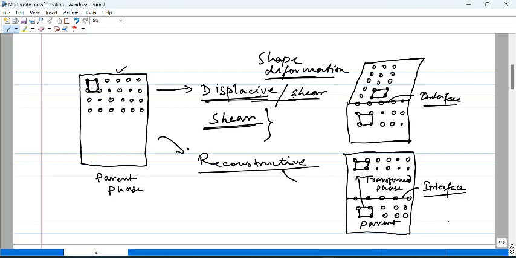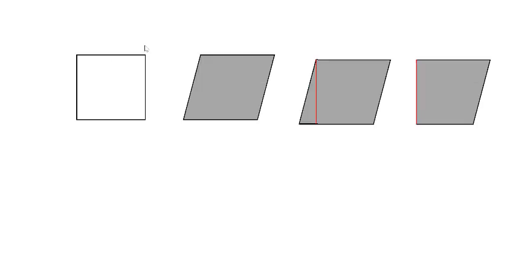So then for that I would like to go to this particular diagram over here. Let's say this is my austenite parent phase, this one having a particular structure, and also it's having a particular shape in the beginning. Now if I let it transform by a displacive mechanism, it would lead to a shape deformation, as I said, right?